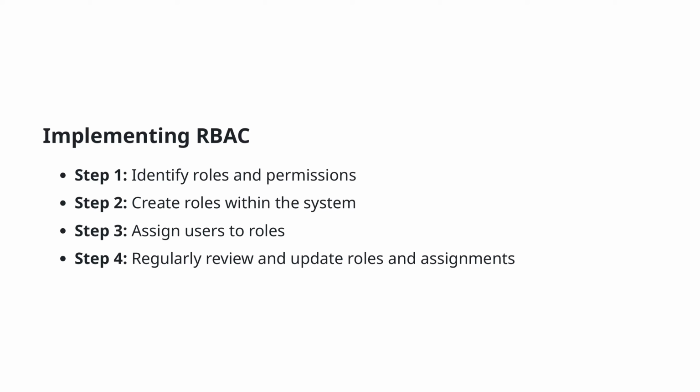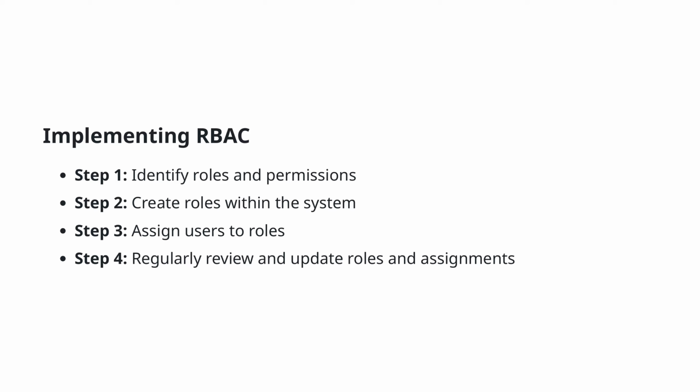To effectively implement role-based access control, RBAC, we need to follow a systematic approach. First, identify the necessary roles and their corresponding permissions. This involves understanding the functions and access levels required for each role within your organization. Next, create these roles within your system, ensuring that each role's permissions accurately reflect its responsibilities.